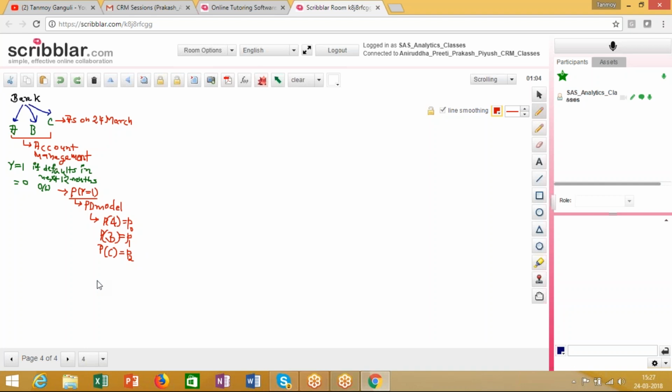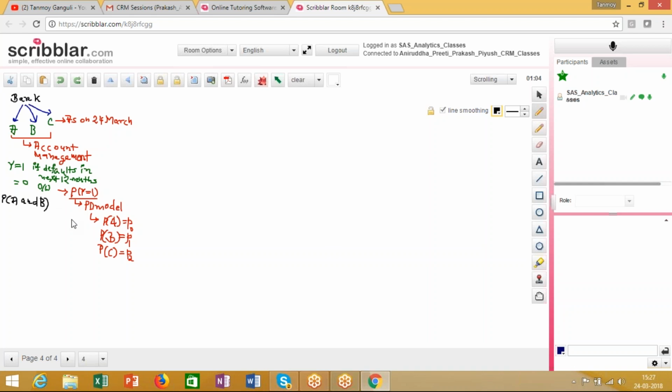Now what I want to know from this model is the probability of A and B to occur.